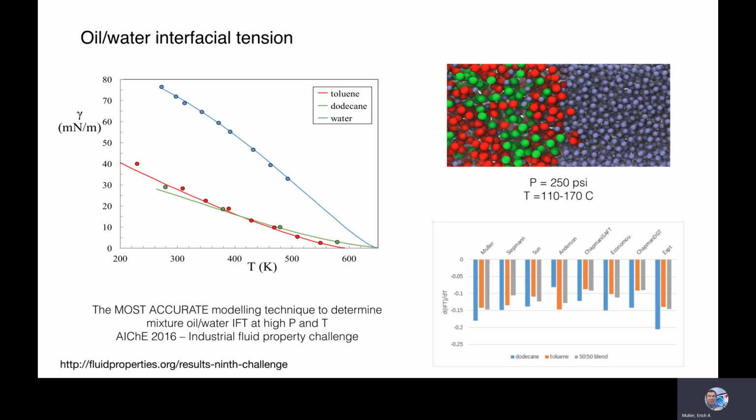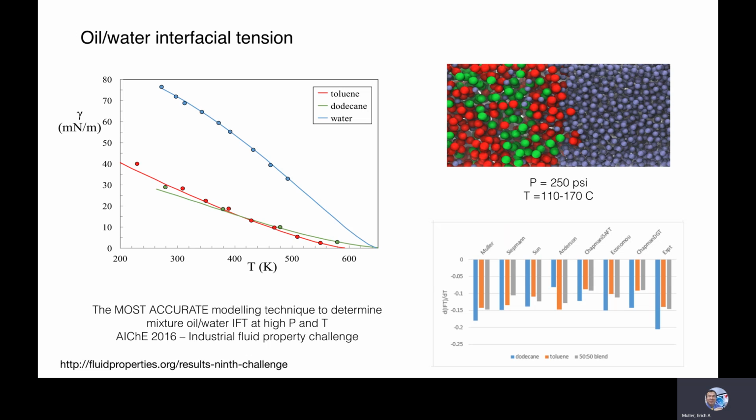Another example of the accuracy of these transport and interfacial properties is the results of the 9th AIChE Industrial Fluid Property Challenge. On the left-hand side, we have the predictions that come out of the SAFT models in terms of the interfacial tensions as a function of temperature for water, toluene, and dodecane. The challenge itself was to try to predict the interfacial tension of a mixture of these compounds at high temperatures and high pressures, for which the answer was unknown.